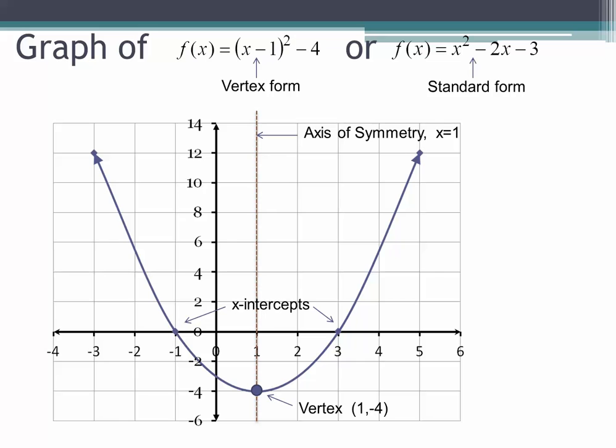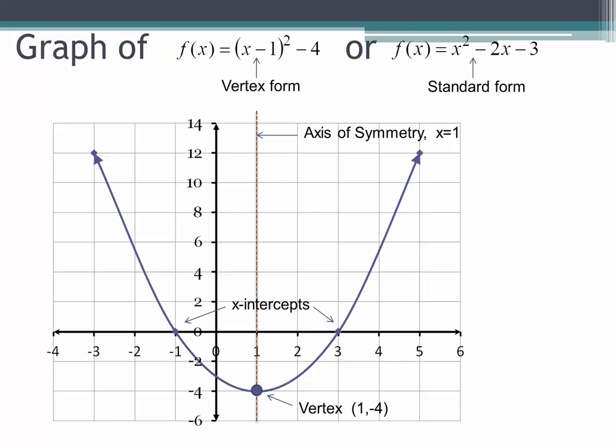If we were to find the discriminant of this, we would find that the discriminant is positive, and it gives us 2 real roots. Therefore, the x-intercepts are negative 1 and 3.